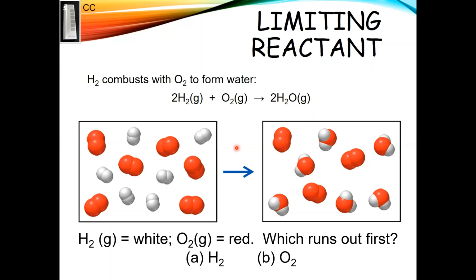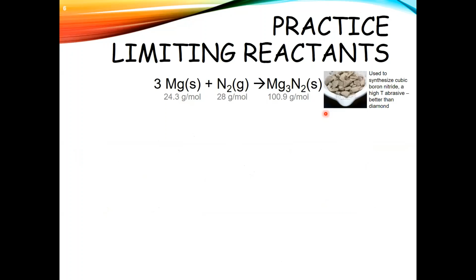So which one is going to be used up first? It's going to be hydrogen, because it takes more moles of hydrogen to get this reaction to go forward. All right? So we're going to have to figure out how to determine which species is our limiting reactant. We're going to go over several ways of doing that.